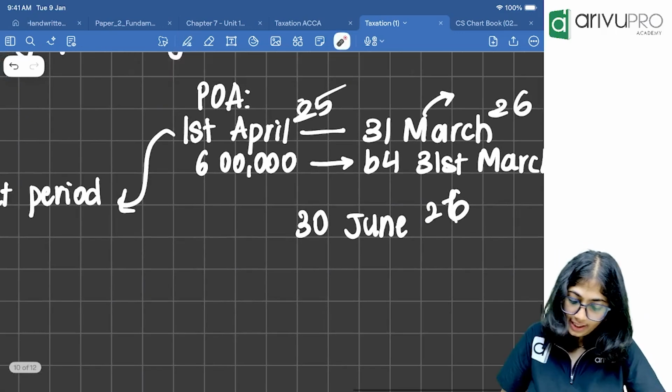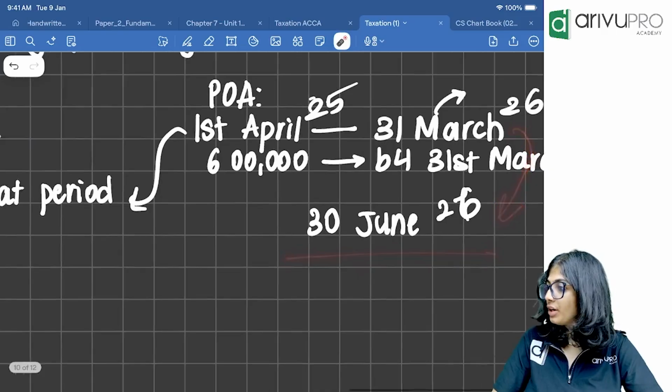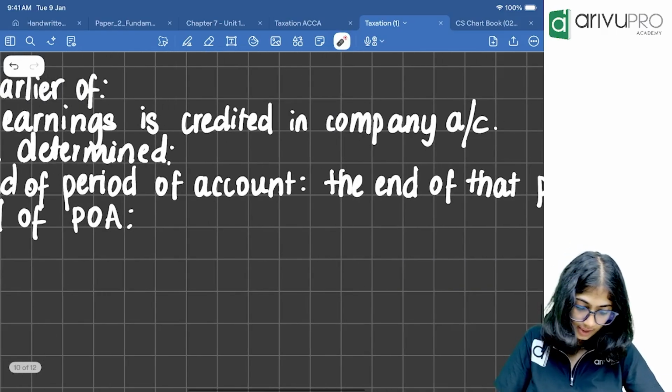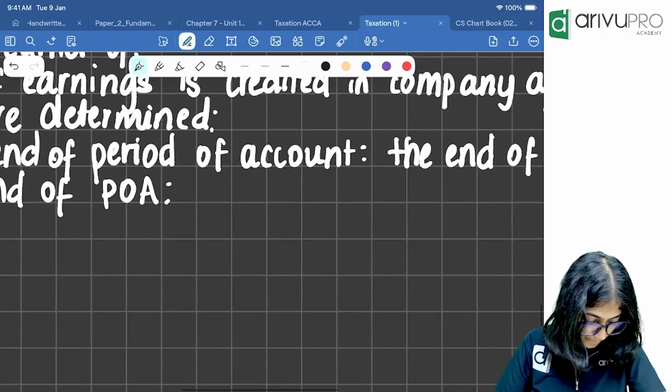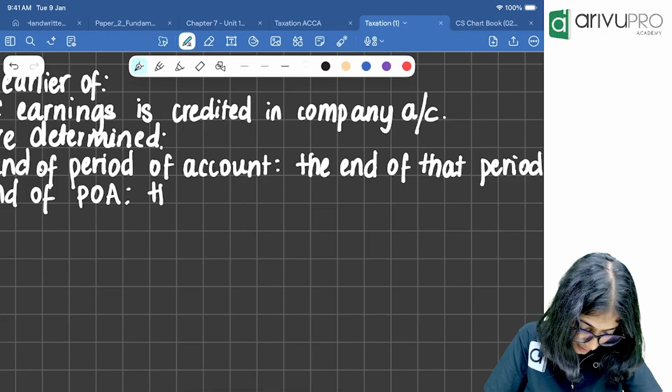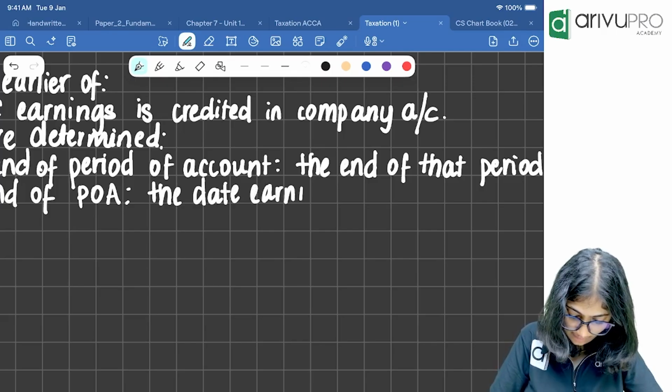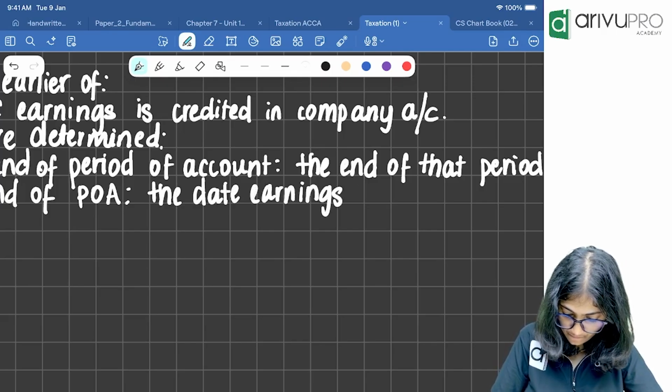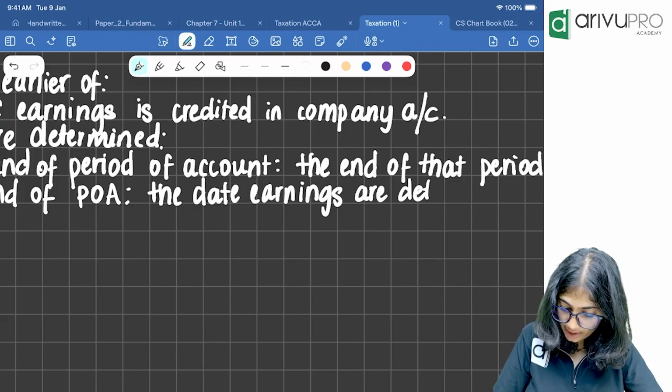Now, your earnings have been determined after the end of the period of account. So, in that case, the date earnings are determined applies. It seems complicated, but it's actually not.